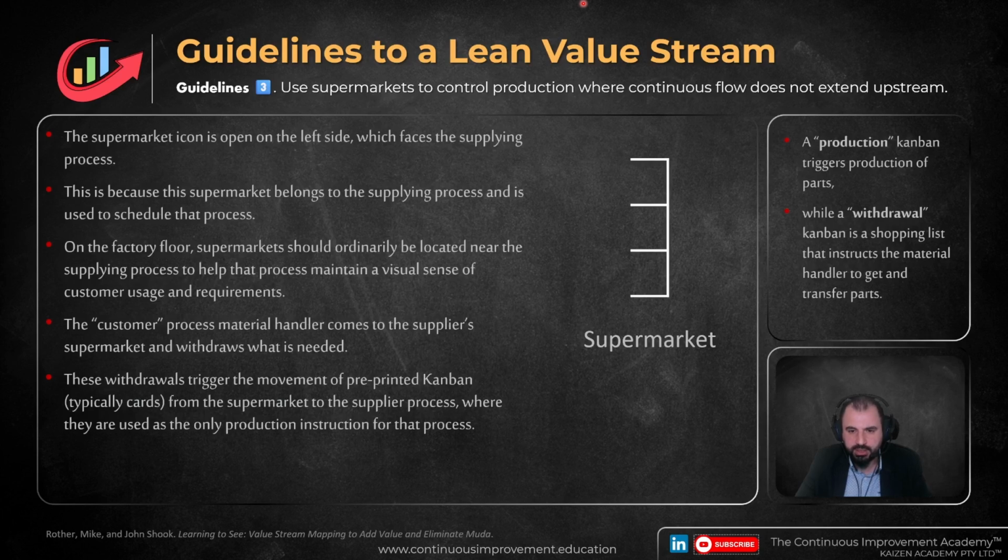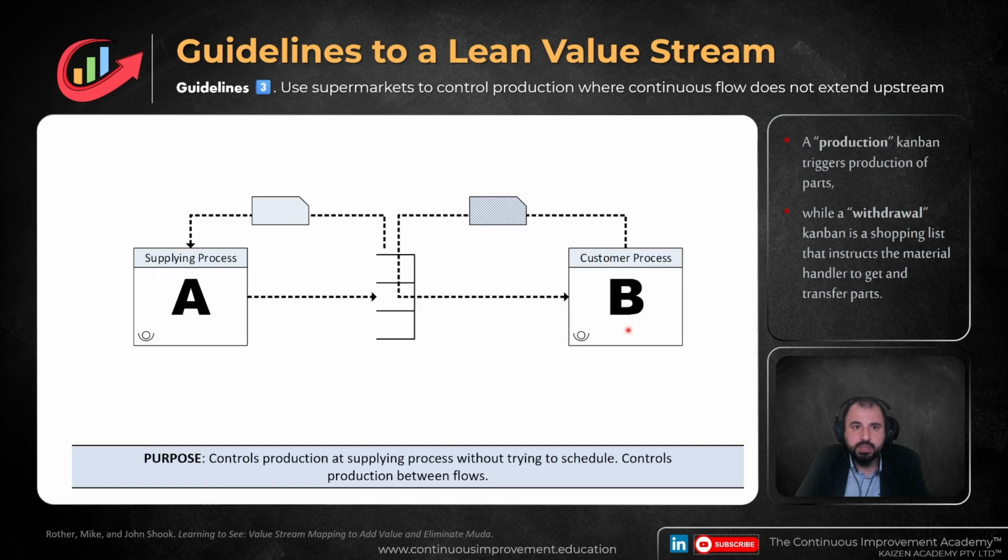So instead of having these uncontrolled inventory spaces, we will link these supermarkets or this inventory to their downstream customers via a pull system. And you can think of a supermarket as a controlled inventory point. The customer process withdraws what is needed, and this withdrawal triggers the upstream supplying process to replenish what was taken, right?